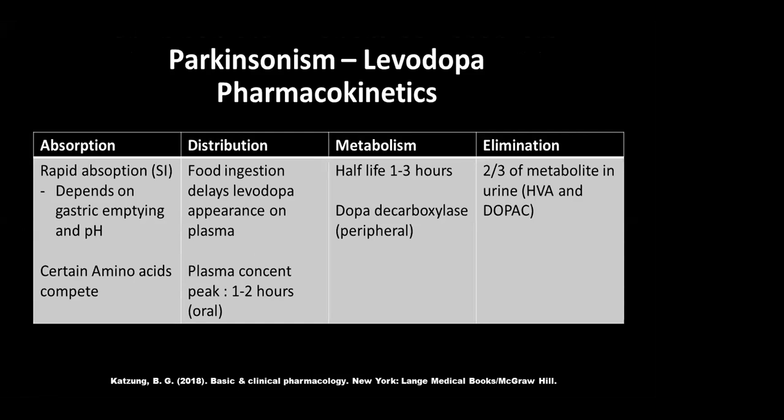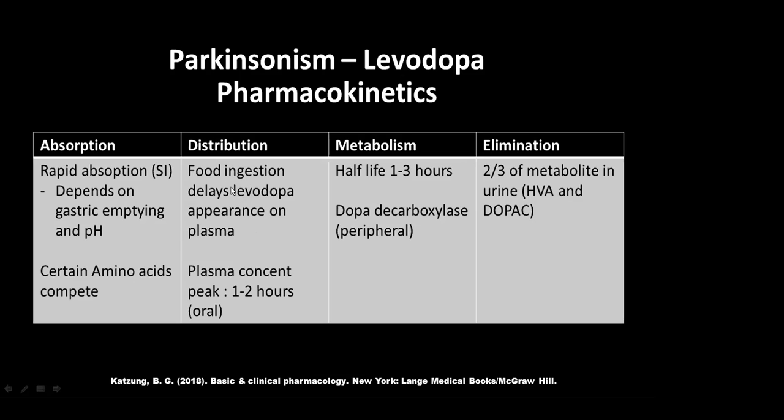So we now go to the drugs for management and treatment of patients with Parkinsonism. In here we have the pharmacokinetics of levodopa. For the absorption, levodopa is rapidly absorbed in the small intestines, but this depends on gastric emptying and pH. Because certain amino acids compete for distribution, the plasma concentration can peak within 1 to 2 hours after oral administration of this drug.